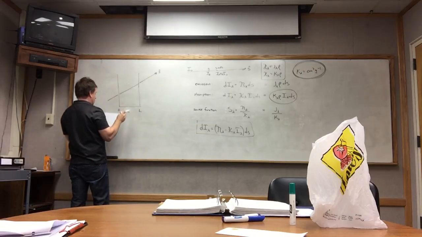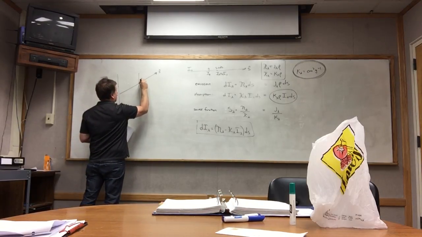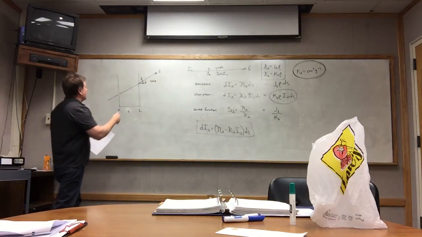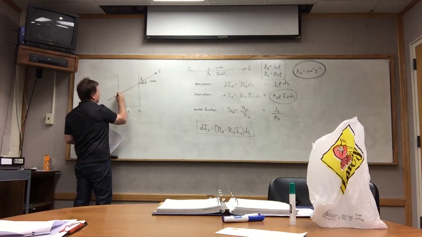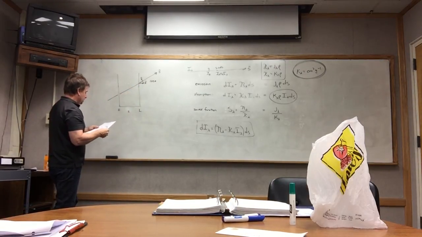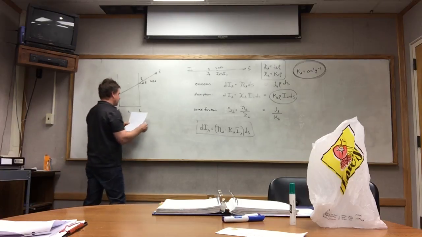So in that case, basically, you have z in the k hat direction, and you have S here in the S hat direction, and the angle between them is some cosine theta. Okay? So basically now, there's a relationship between ds and dz, okay? Let me make sure I get this right.